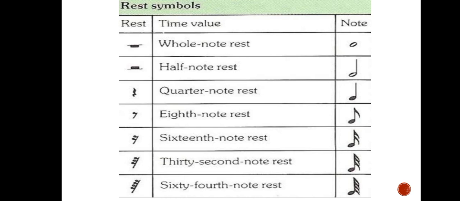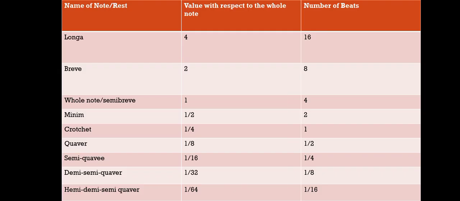Here they have been given names according to their reference to the semibreve. The semibreve is one, the minim is the half note, the quarter note is the crotchet, the quaver is the eighth note, the semiquaver is called the 16th note, and the demi-semiquaver is the 32nd note. After the demi-semiquaver, we have the hemi-demi-semiquaver.